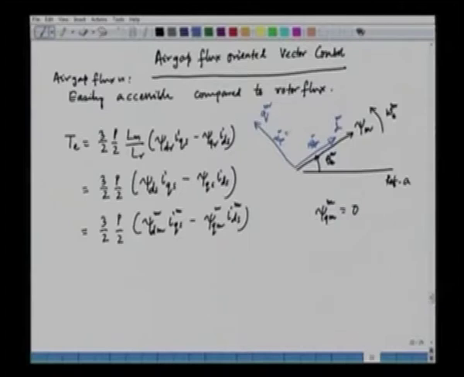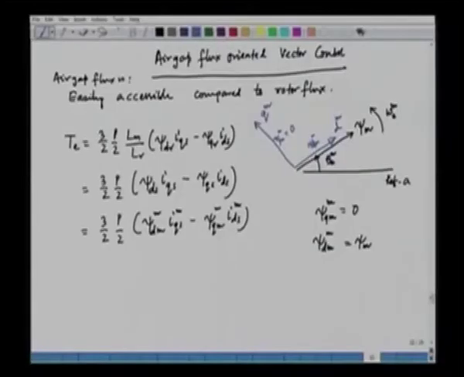So we can say this flux doesn't exist. And what about psi dm? Psi dm is equal to psi m. The total air gap flux is oriented along the d axis. So we can say that psi dm superscript m is equal to psi m. So in this case, this term will be equal to 0.